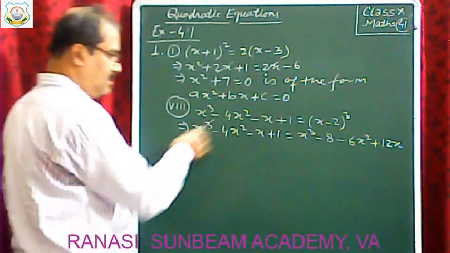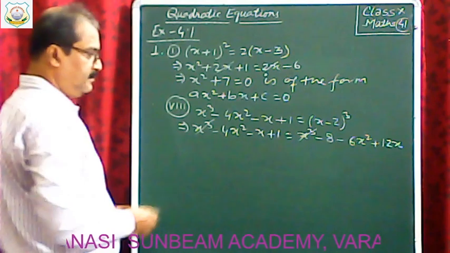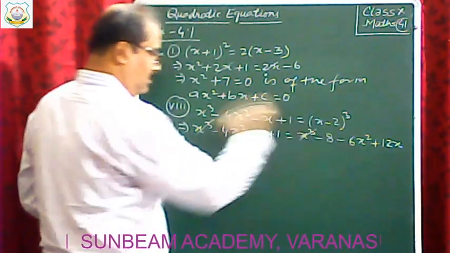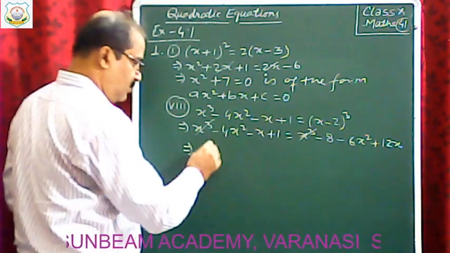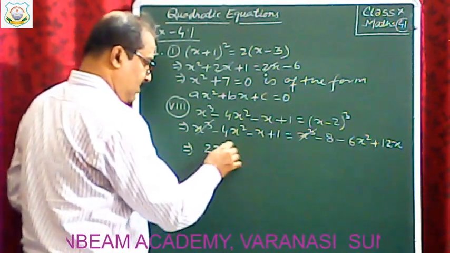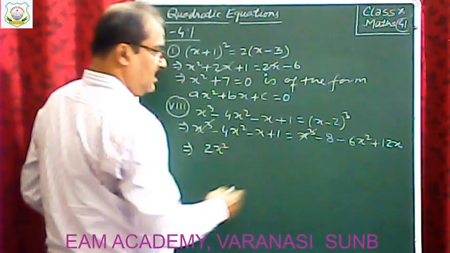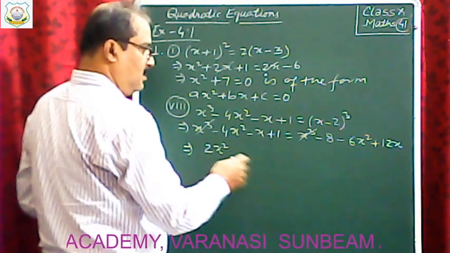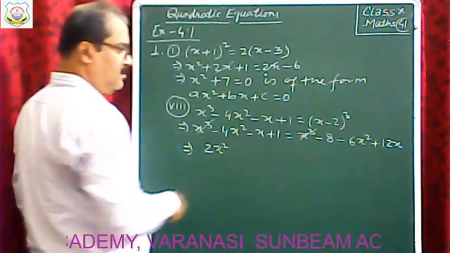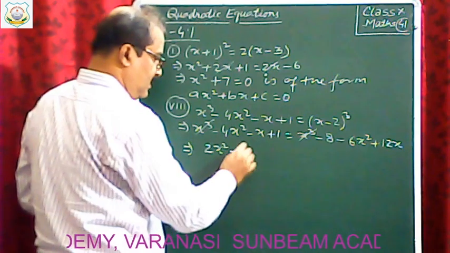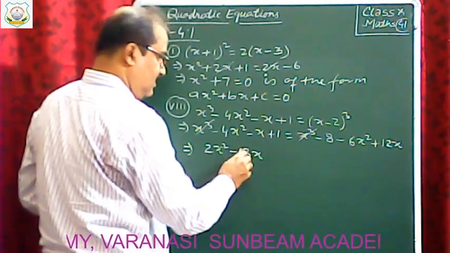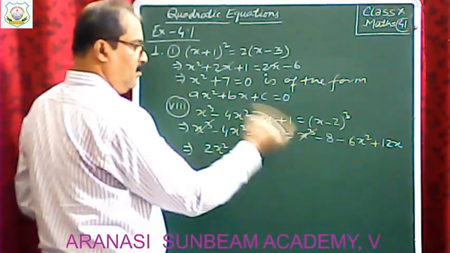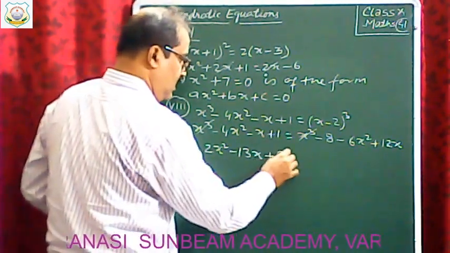Okay, thereafter x cube cancel, transposing minus 6x square, so plus 6x square minus 4x square, so 2x square. Thereafter transposing minus 12 to minus x minus 12, plus 2 we have to transpose, that becomes minus 13x, transposing minus 8 to 1 plus 8, 9.